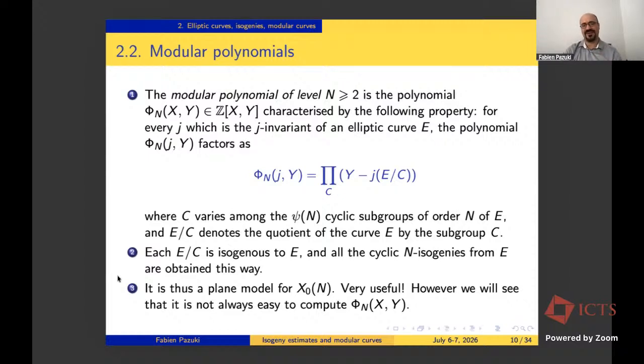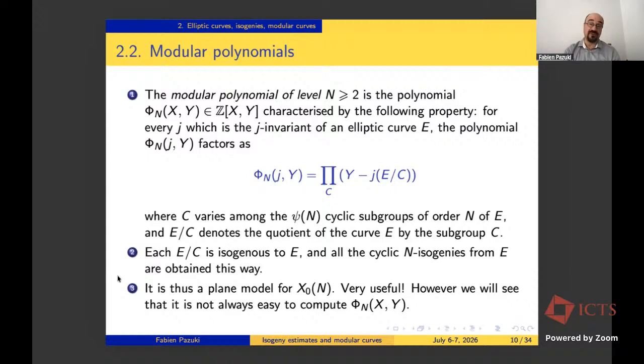So this is one of the curses of plane models. If you have a plane model with very big degree, then you will eventually get singularities. It's not forbidden to work with polynomials encoding singular curves. Sometimes it's actually good.